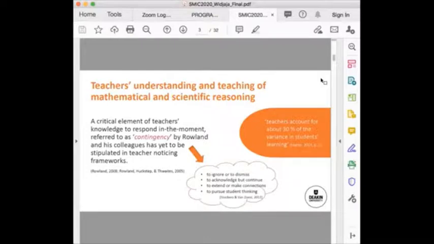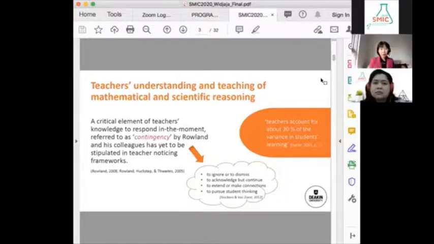So that's to highlight that teachers actually play a significant role. So teachers' knowledge, teachers' practice, I think that is the critical thing. So I think that's why it's important in terms of teacher noticing, because what teachers notice and how they respond to students' thinking, especially in extending, is very powerful in extending students' learning.